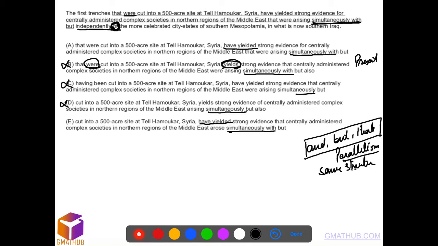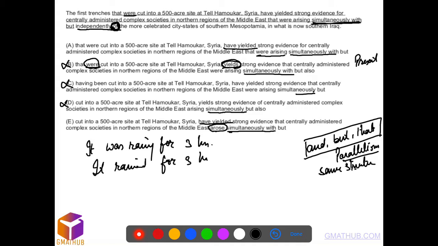Now between A and E, another split is were rising versus arose. If I say it was raining for 3 hours versus it rained for 3 hours, the first is wrong, the second is right.